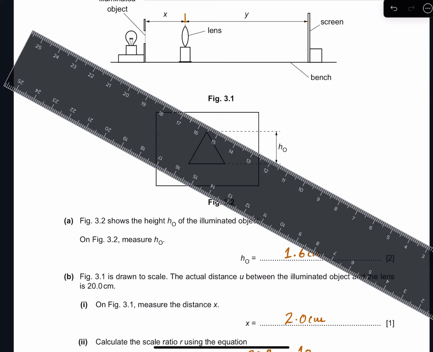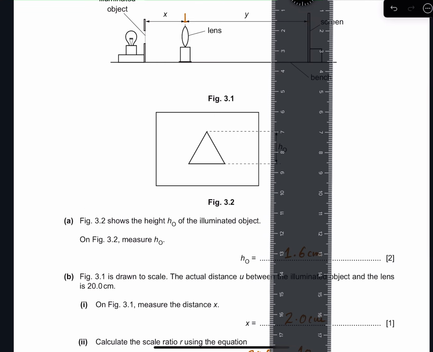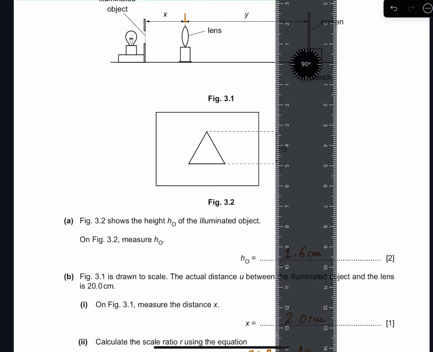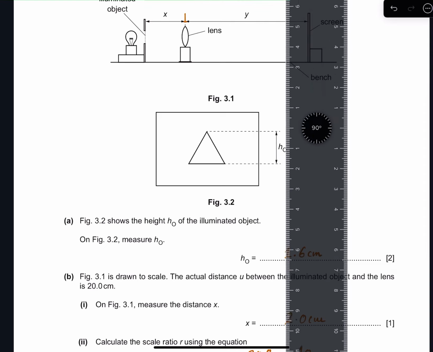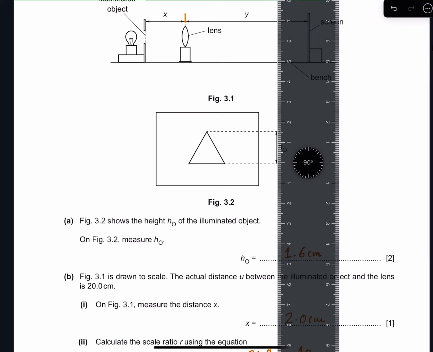We have to find h naught. h naught is given clearly, right? So on one side I should place 0, so it will be easier to take. Where is 0? There is 0 on the scale, right? So if you see, that is my 0 of the scale, and it's moving till that point.